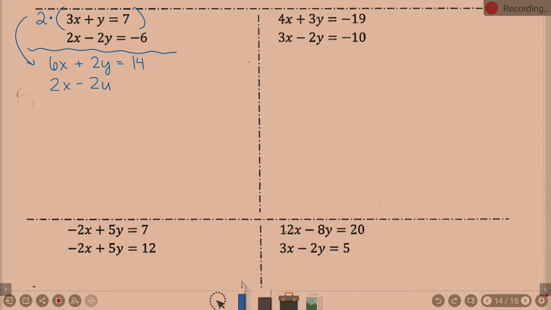It's going to stay 2x minus 2y equals negative 6. Am I set up to eliminate a variable now? Yes. My x's are different, but my y's are the same. So I'm going to eliminate the y's.